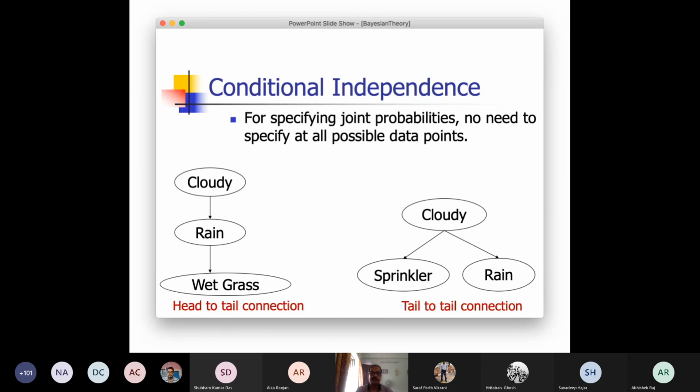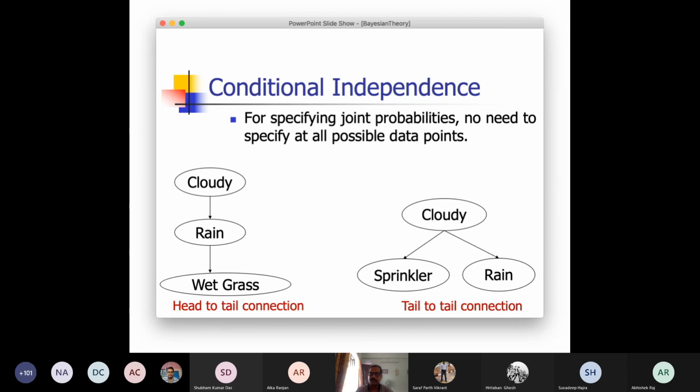So you see that the sky is cloudy, and what is the probability of rain if it is cloudy, and what is the probability of wet grass if it rains? So this kind of conditional dependencies can be captured using this kind of topology. On the other hand, if the sky is cloudy, what is the probability that the sprinkler would be on? That means if the sky is cloudy, your expectation could be that you may not feel that your plants require much water because not much sun is there.